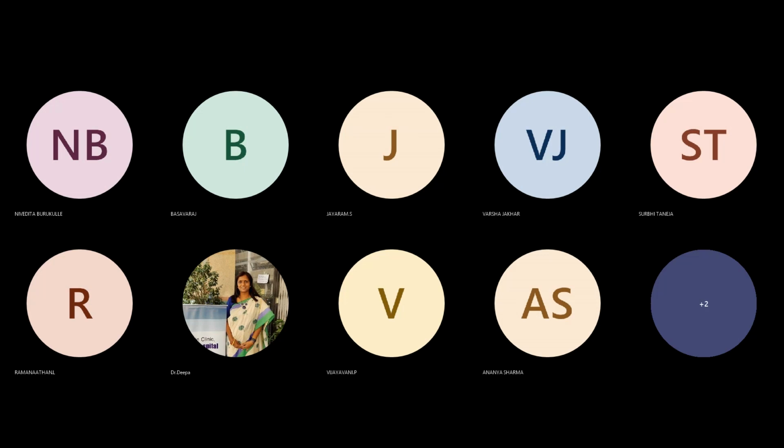Now coming to Naresh, you will tell me what is a nephron. Ma'am, the nephron is the basic functional unit of the kidney, and there are two types of nephrons.